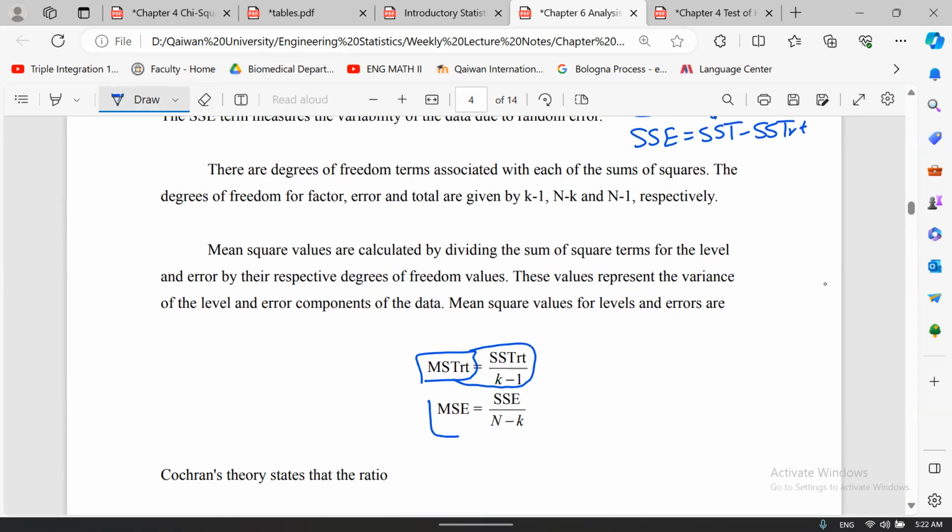And MSE is the mean square value for error. Okay, this is for error and this is for levels.